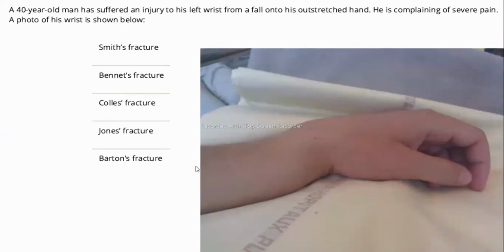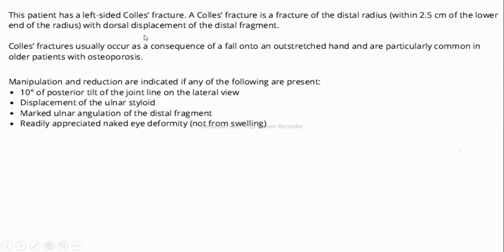If you draw a line here, it is a Colles, posterior. So this is posterior and Colles.